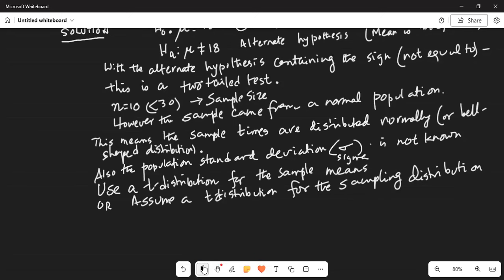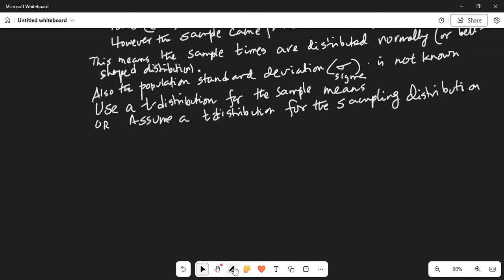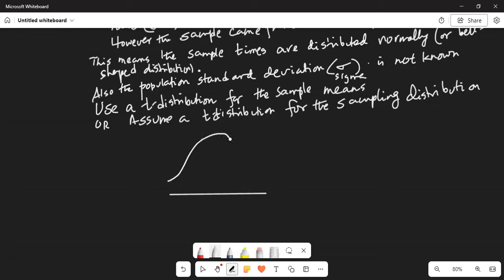So the question is, how does a t distribution look? The t distribution looks like the z distribution, only it is thicker at the tails. So it's a bell-shaped curve.